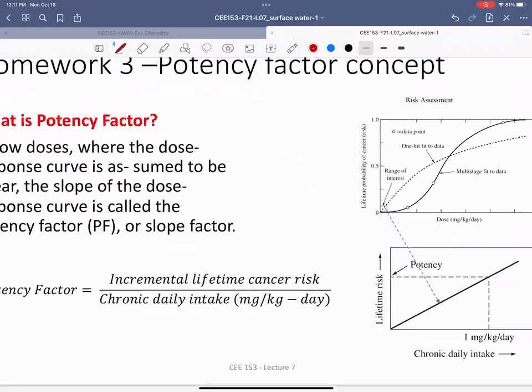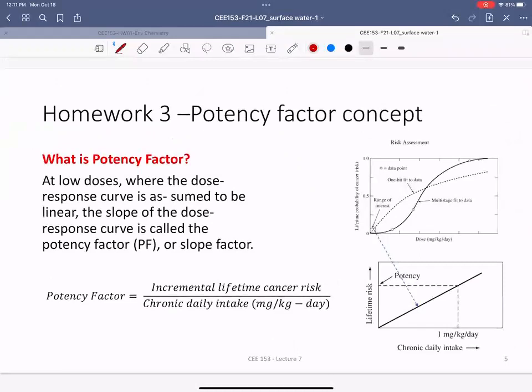So the potency factor is basically the slope at the very low concentration, near zero. And you see that the y-axis is always incremental lifetime cancer risk, and the x-axis is the amount of dose given to the species.